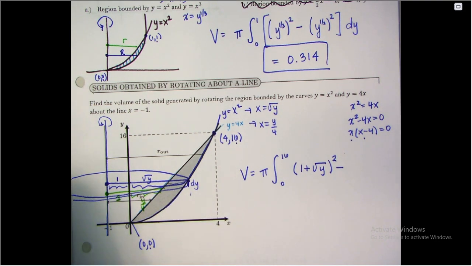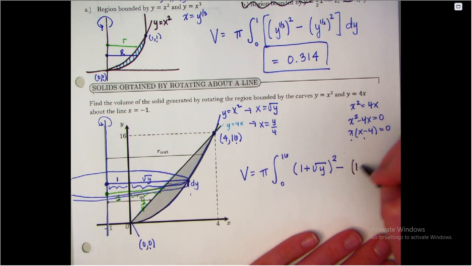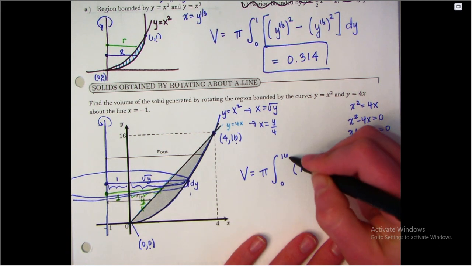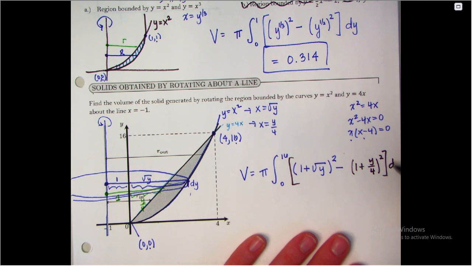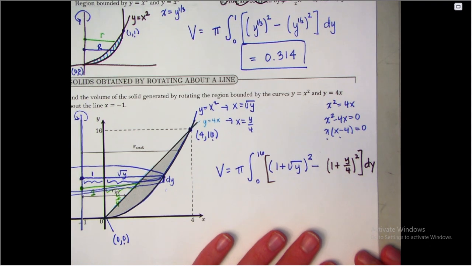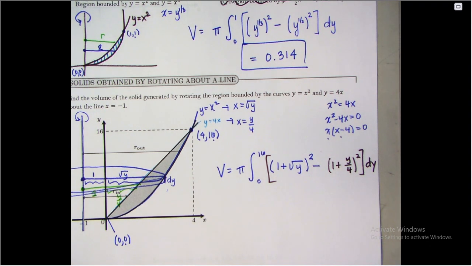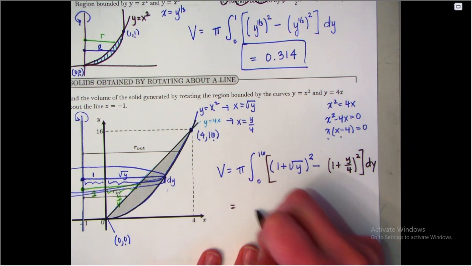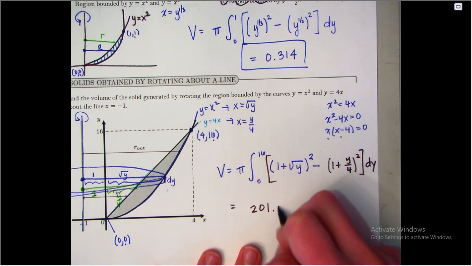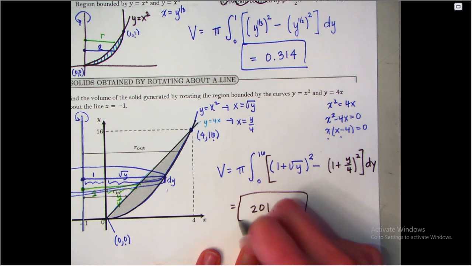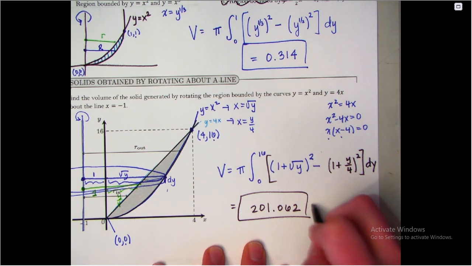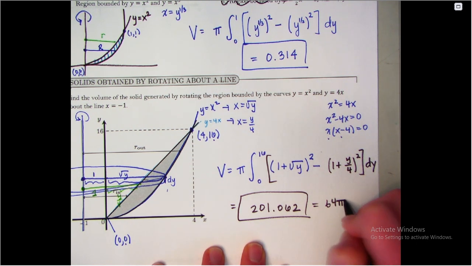So that would be 1 plus y over 4 quantity squared. And that is my setup. If you throw this in your graphing calculator, you should be getting 201.062. If you didn't multiply the pi through, it's actually an exactly nice answer of 64 pi.